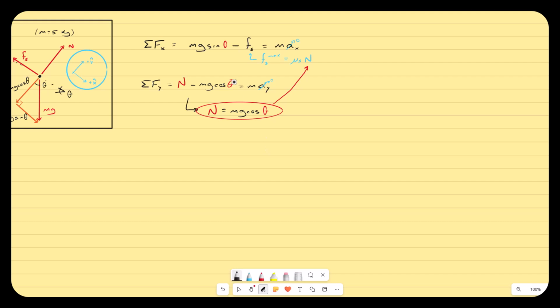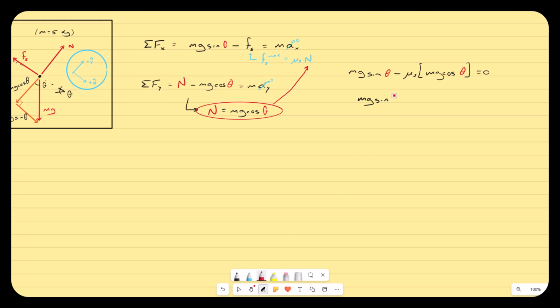So this top equation now reads mg sine theta minus mu static times mg cos theta equals 0. So I can separate that.